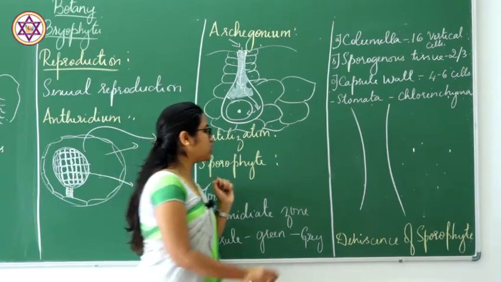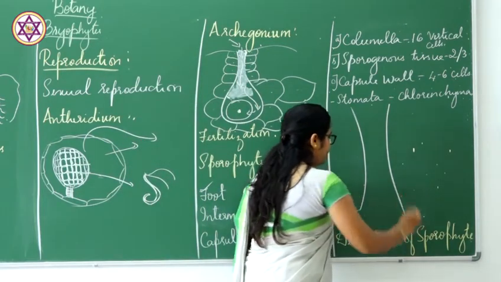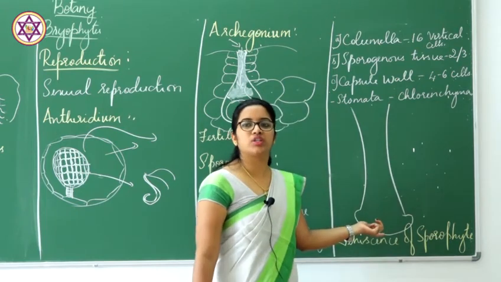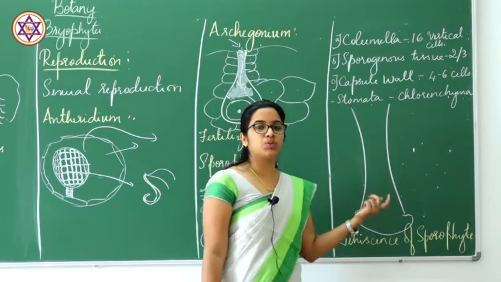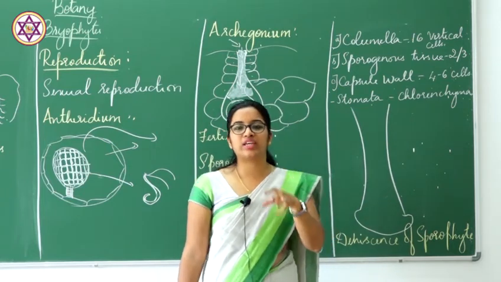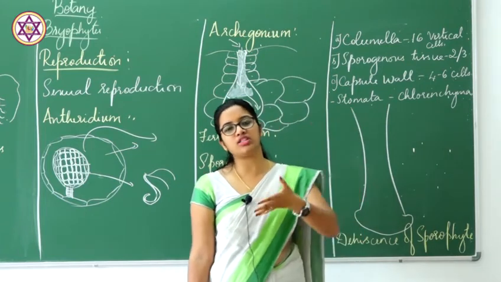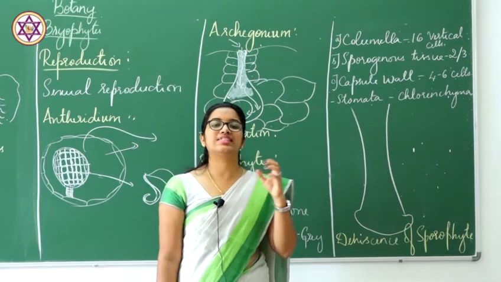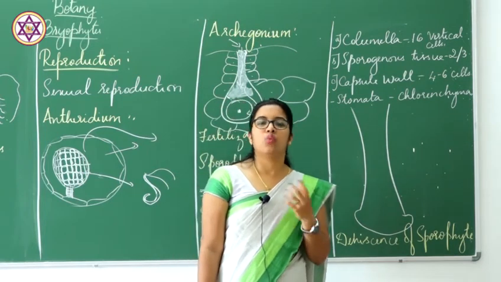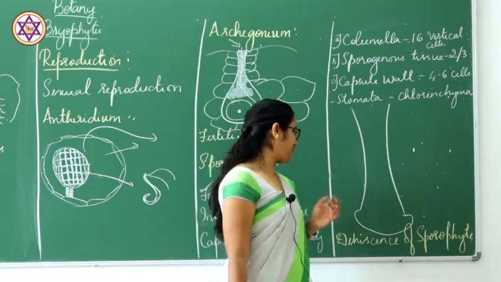The foot is a bulbous structure made up of meristematic tissue, and it provides anchorage. It holds the sporophyte on the gametophyte, and it supplies the nutrients, water, etc. from the gametophyte to the sporophyte.